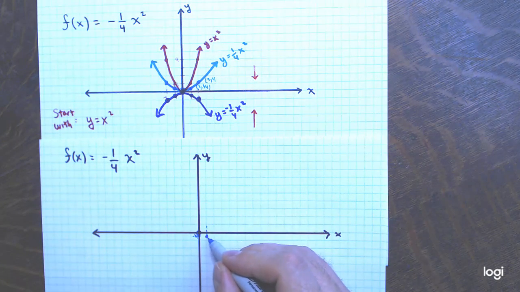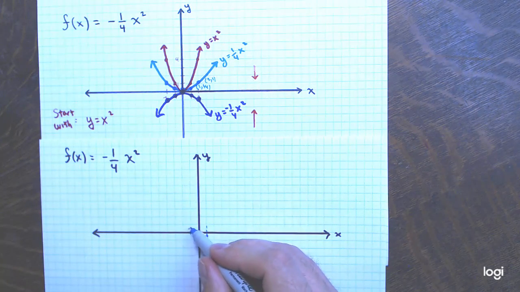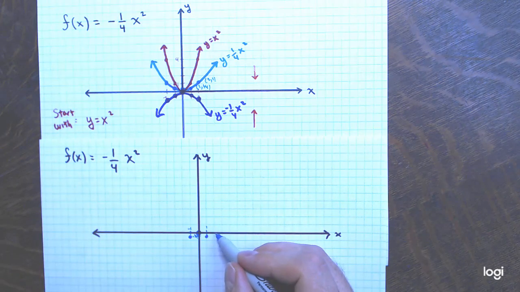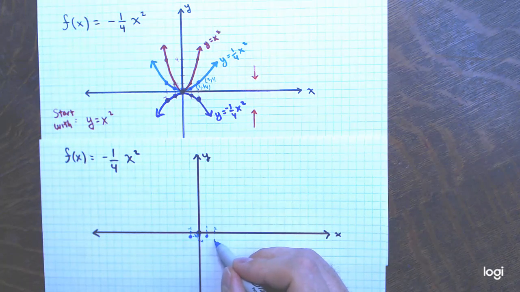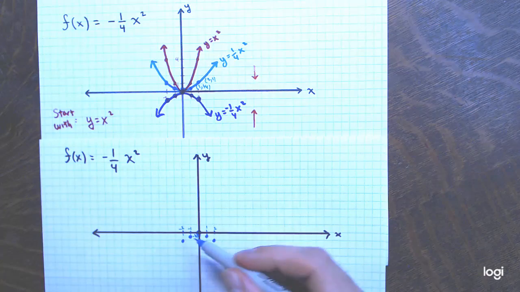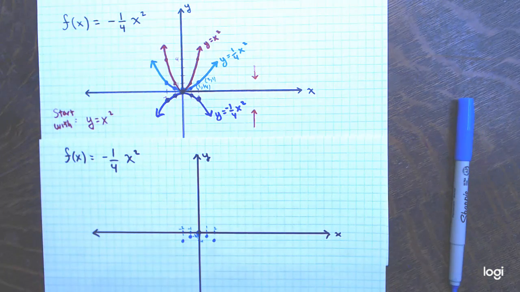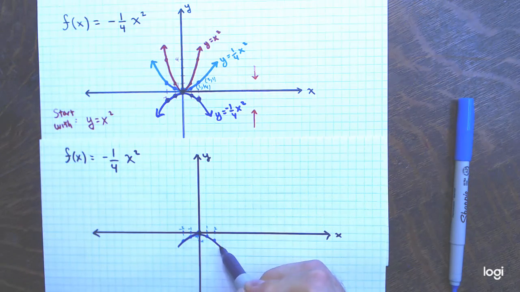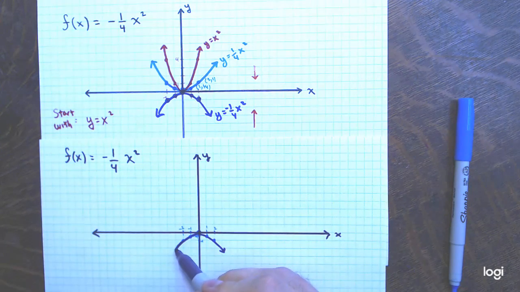A little small there, right? And then -1, also -1/4 for the output. Then 2, -1, and -2, -1. Right? It's that same parabola shape, but just opening downward. Right?